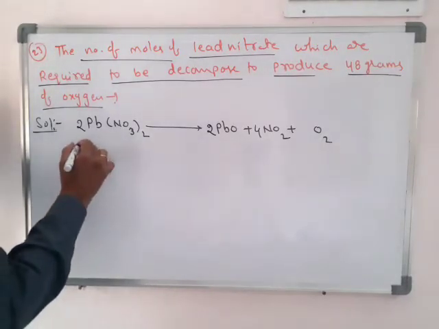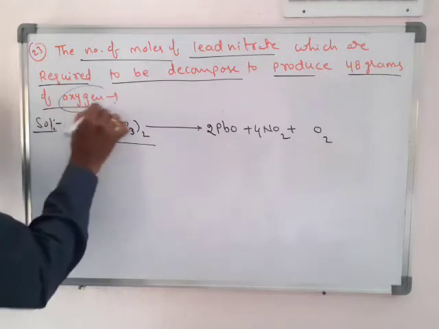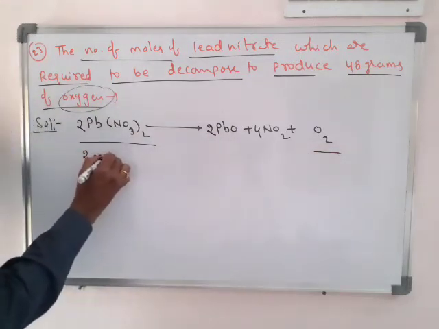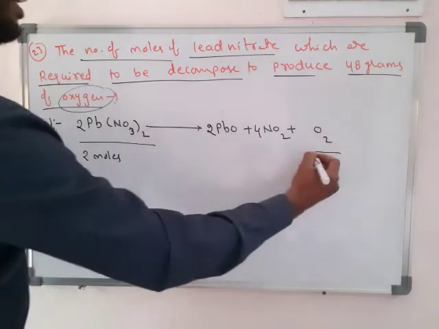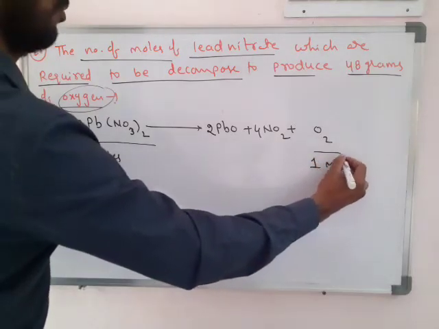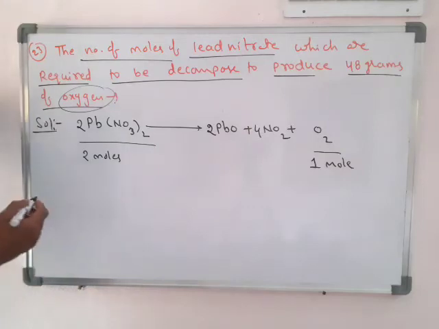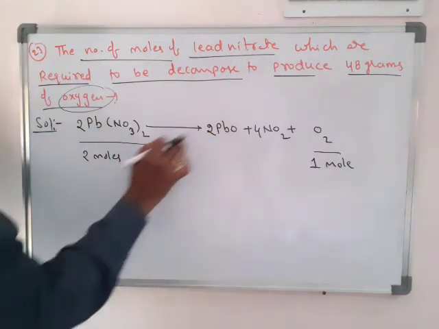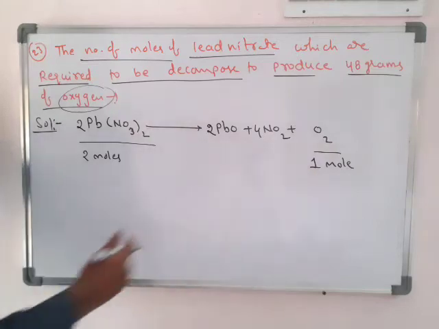So here we have to compare the lead nitrate and oxygen. So here 2 moles of lead nitrate forms 1 mole of oxygen. But here lead nitrate is given in terms of moles, no problem, but oxygen is given in terms of mass.